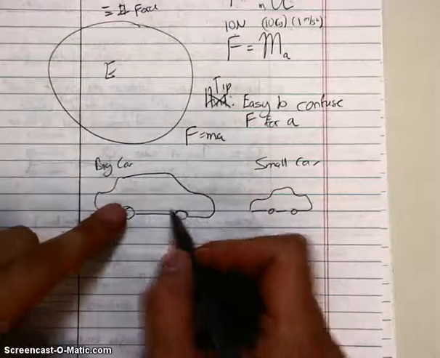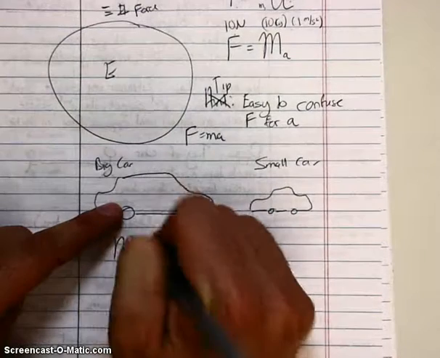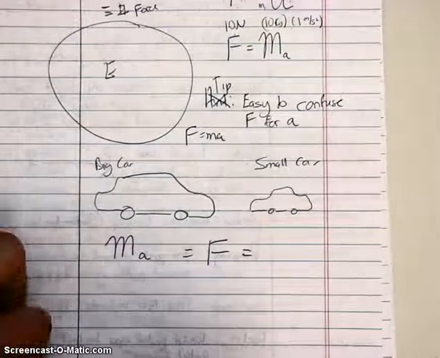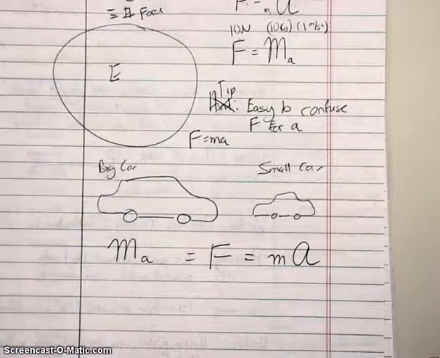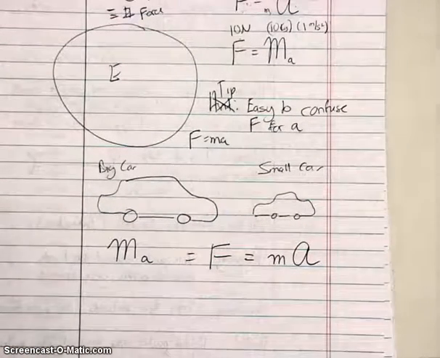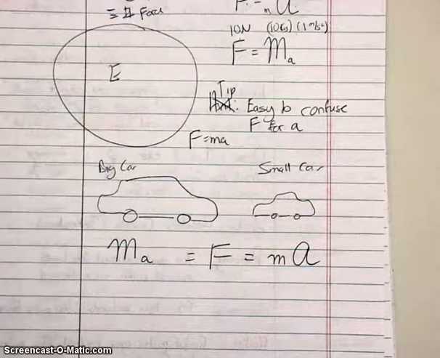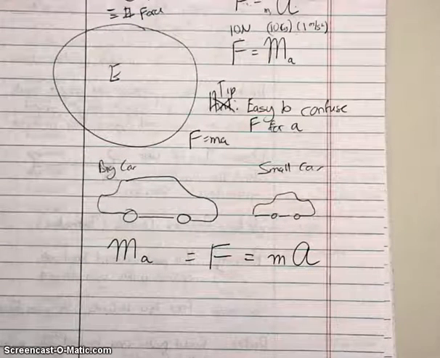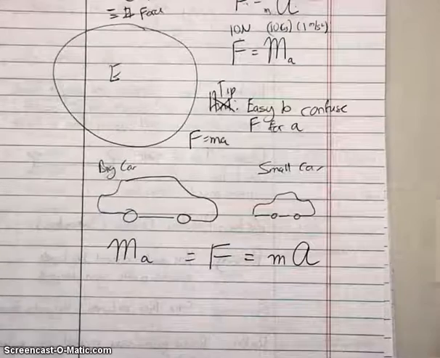Because when you are in a big car, you have a big mass, and so you're going to have a smaller acceleration. And if you're in a smaller car, you have a smaller mass, and you're going to have a bigger acceleration. And so when you get into a car accident, your body accelerates or decelerates. And so when you get injured, when there's whiplash or anything else like that, what you're really feeling is acceleration.